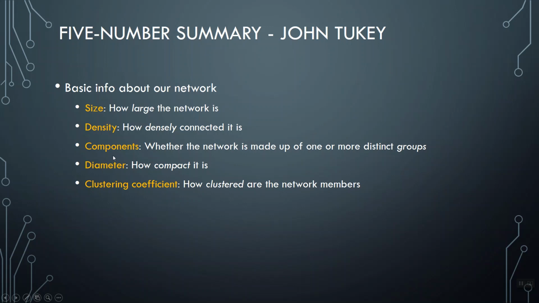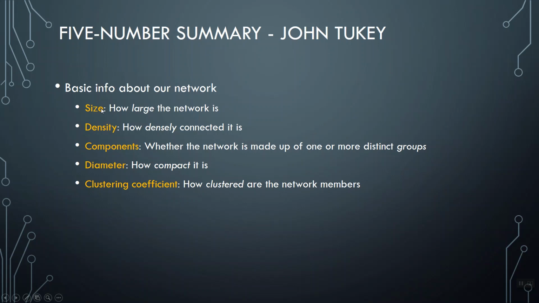So there are 5 characteristics of a network that are really useful in defining how your network looks. There are many others, but these 5 are quite generalized, and a lot of people will understand what type of network you have if you tell them these characteristics, besides saying if it's directed or not and all those things that we've already seen.